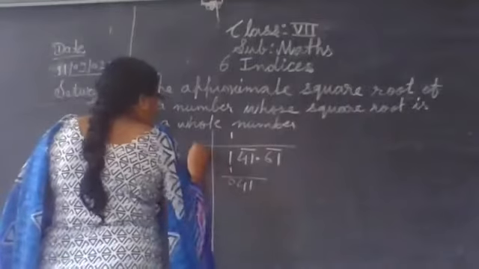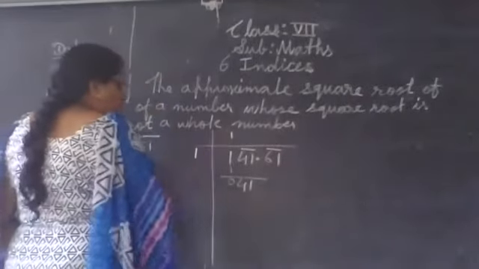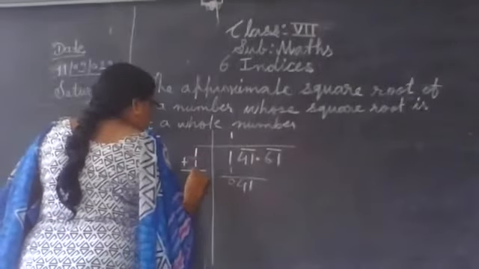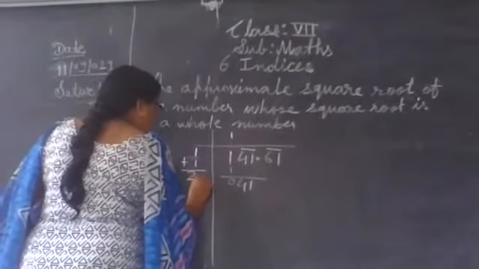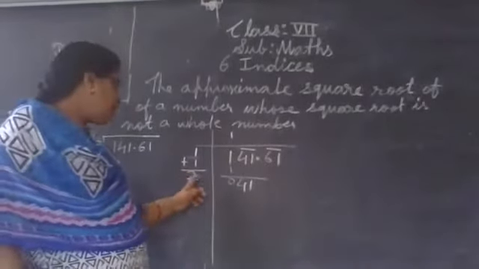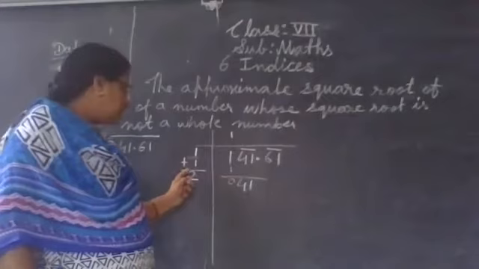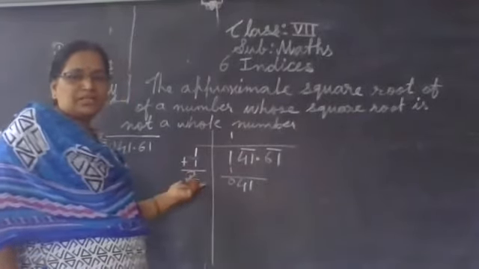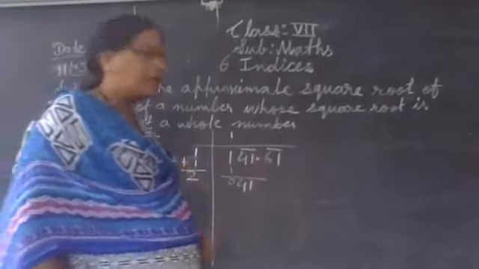Now here, 1 ones are 1, so add the same number. Now bring down 41. Children, you have to add the same number to this 1 and multiply the new number with the same digit.